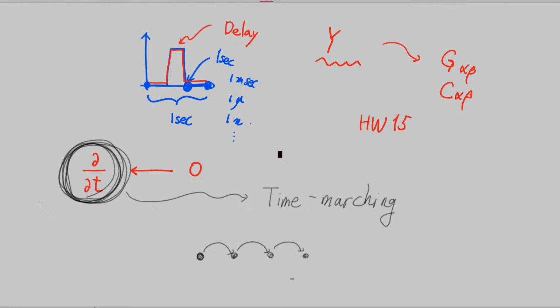This marching is our strategy. During this time marching, the information available to you is the current bias condition. For example, the gate bias voltage is 0.5 volt and the drain is 1.0. Then how can I solve it?